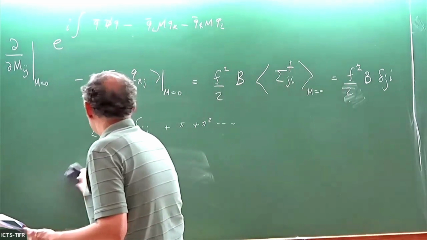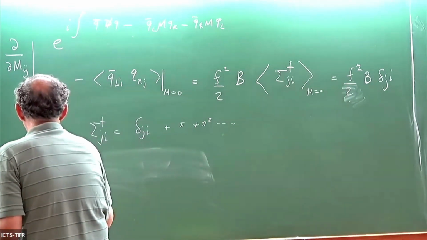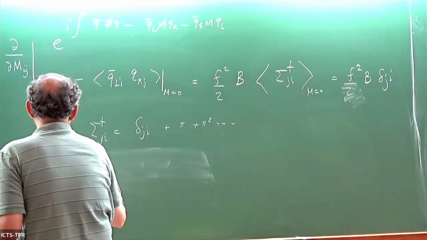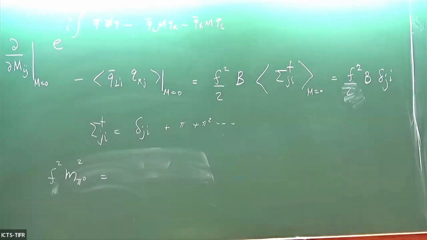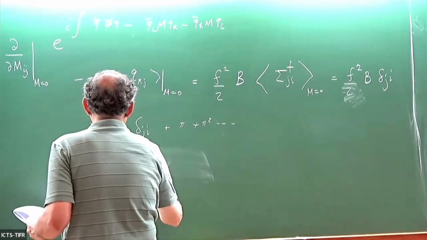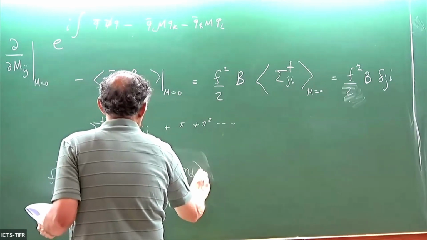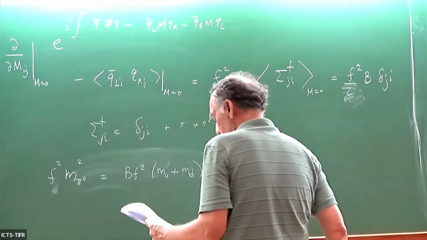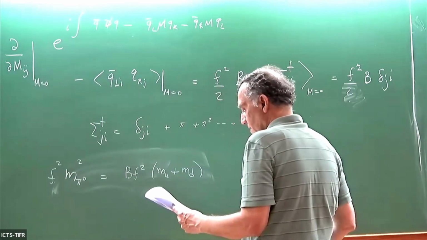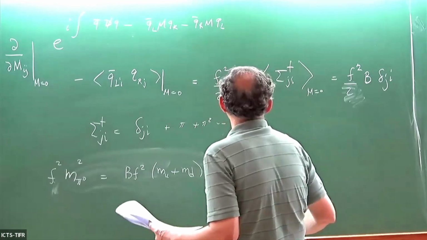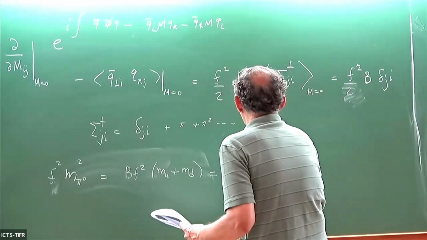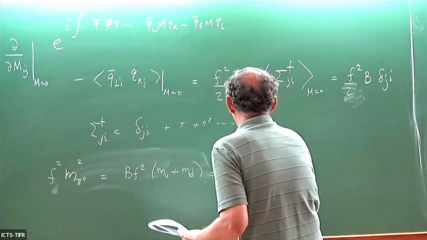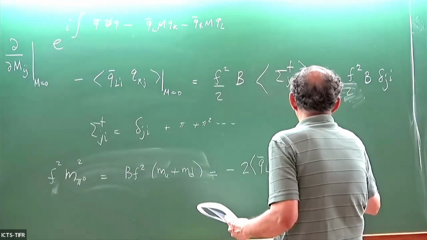And so if I now take f pi squared m pi squared, so that's B f squared (m_u plus m_d). So B f squared, this is minus 2 q bar left, q right, times (m_u plus m_d).